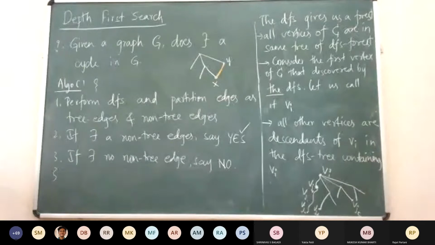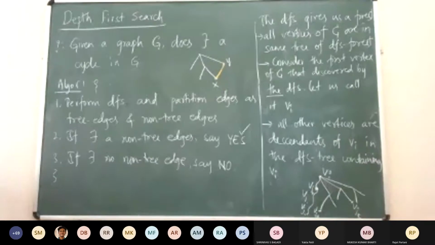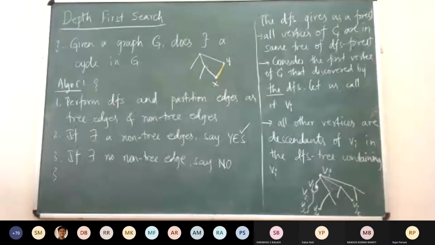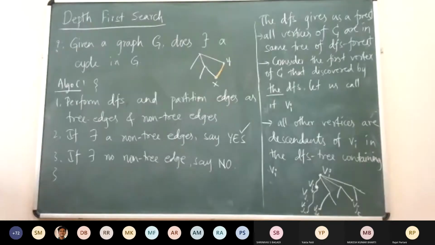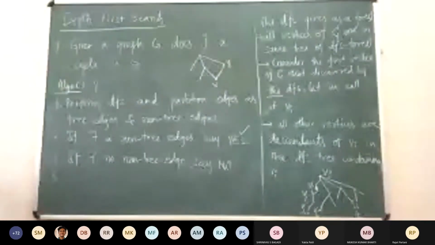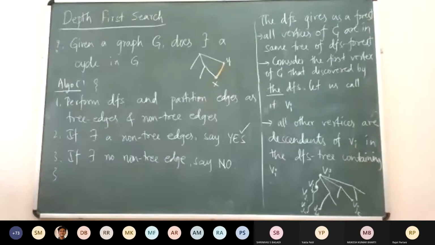The algorithm was: perform DFS and partition the edges into what we defined as tree edges, those edges that are responsible for the discovery of a new vertex in the DFS traversal, the edges that are there in the DFS forest. Other edges, which are not there in the DFS forest, we call non-tree edges.